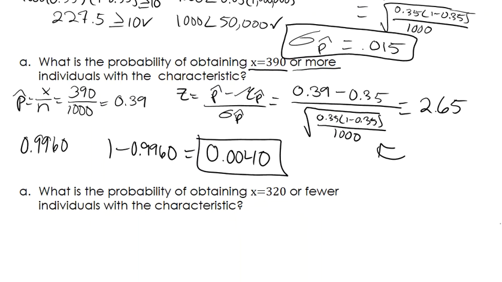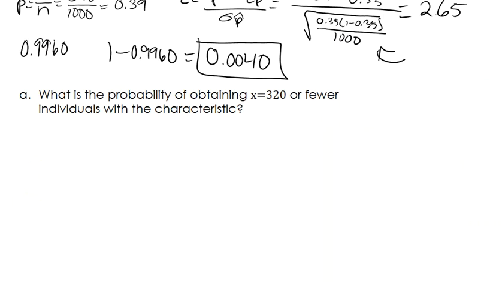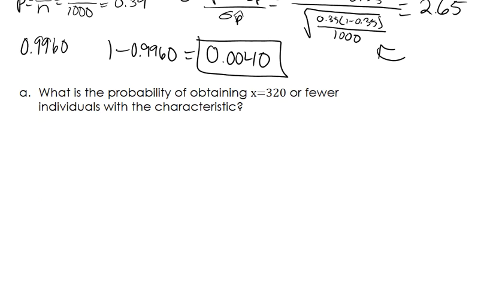Now our last part reads, what is the probability of obtaining x equals 320 or fewer individuals with the characteristic? So just like last time, we are going to find p-hat. Now we're going to turn this value into a z-score.